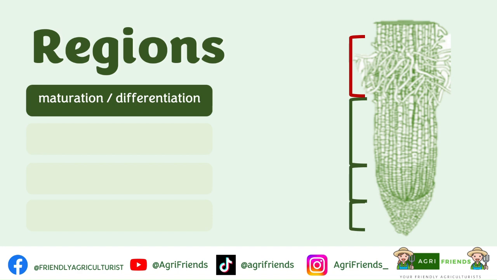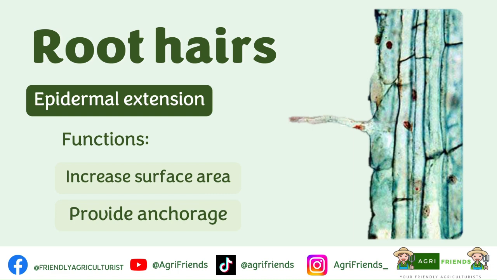So what are root hairs? Root hairs are extensions of the epidermal cells in the region of maturation. So these are the epidermal cells and this is the root hair. The root hairs extend the surface area of each cell, therefore increasing their absorption capacity.